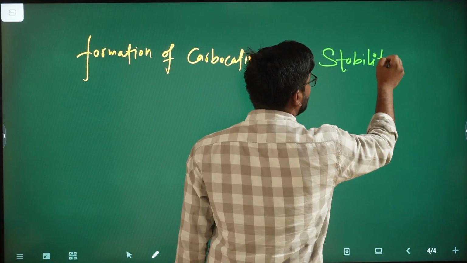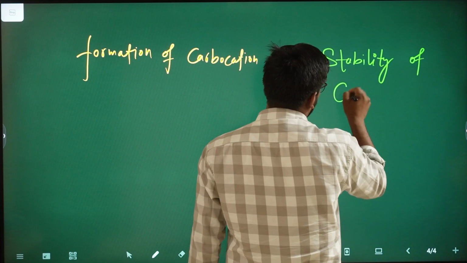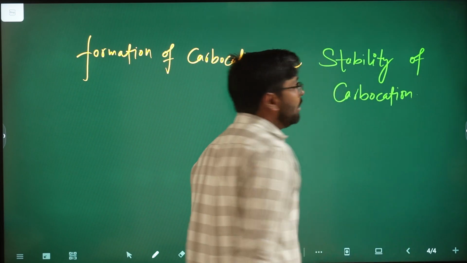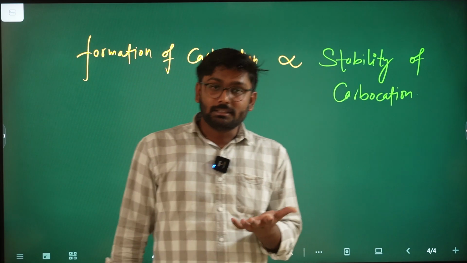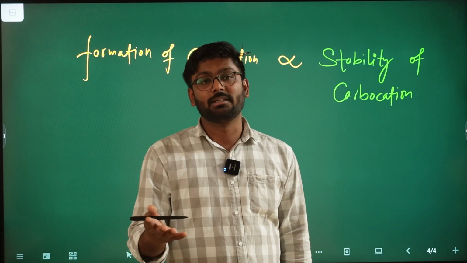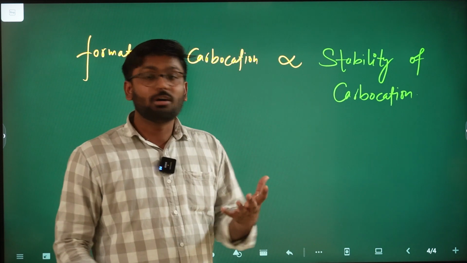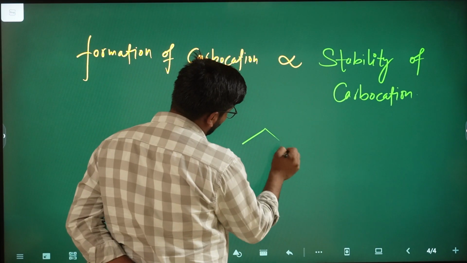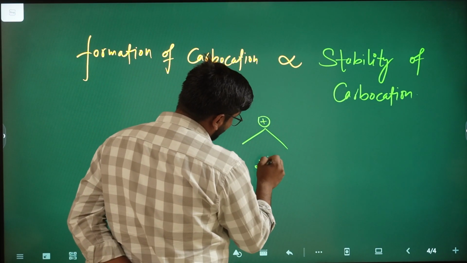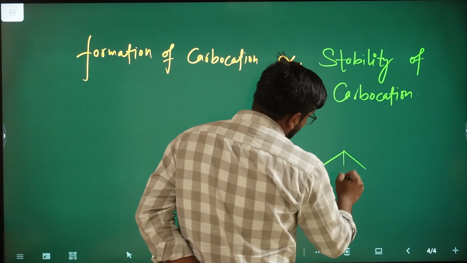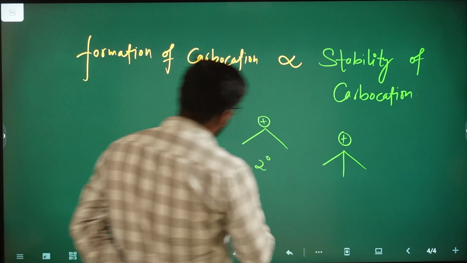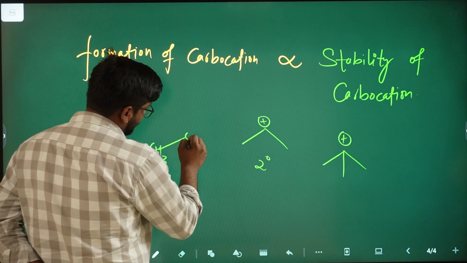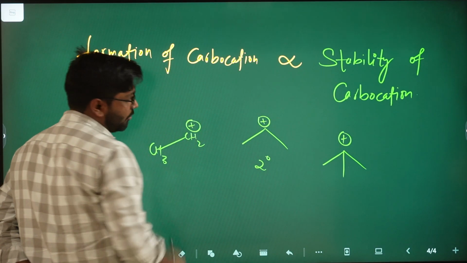Stability of carbocation means if the carbocation is stable, then it will form fast. If the carbocation is not stable, it will not. For example, suppose this is a 2 degree carbocation, this is a 3 degree carbocation, and this is a 1 degree carbocation.